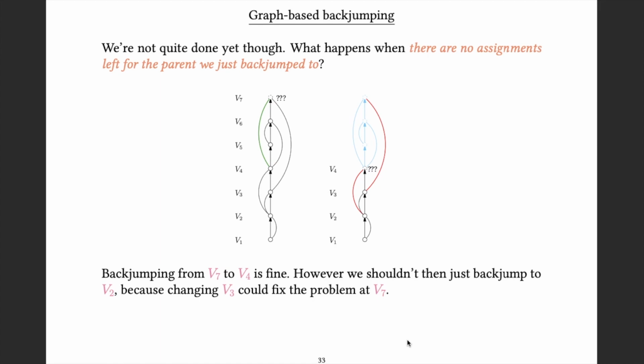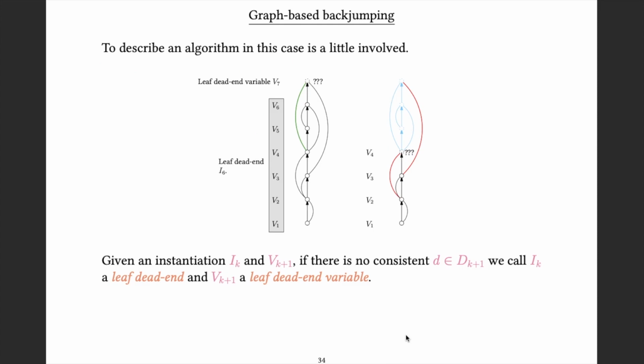And by back jumping over v3 to v2, which would be the naive approach, we can miss this possibility. So how do we now get around this? Well, the description in this case is a bit more involved. So I apologise for the continued introduction of new notation, but unfortunately it is necessary.